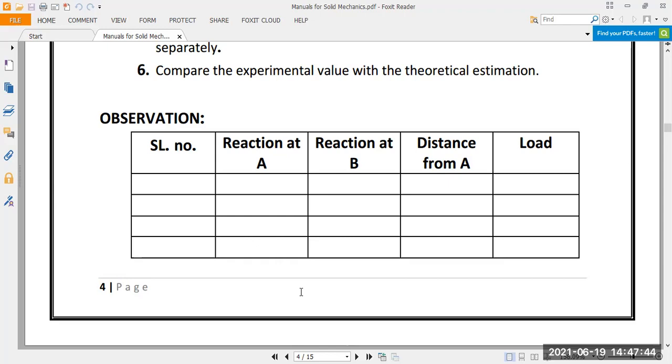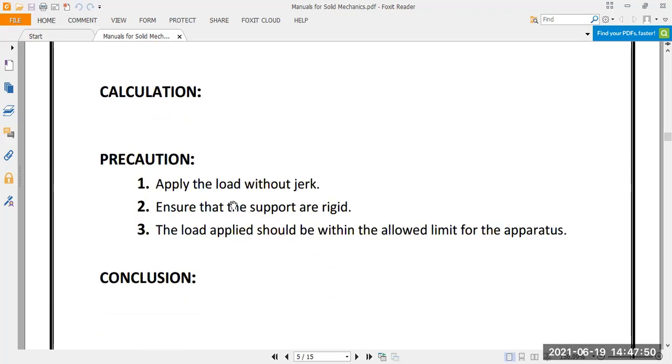After doing all these things, we have to check it again and again. But one thing should be kept in mind. There are a few precautions. You have to apply the load without any jerk, or it can give you erroneous results. Ensure the support is sufficiently rigid, and one most important thing, whether it is properly calibrated or not.